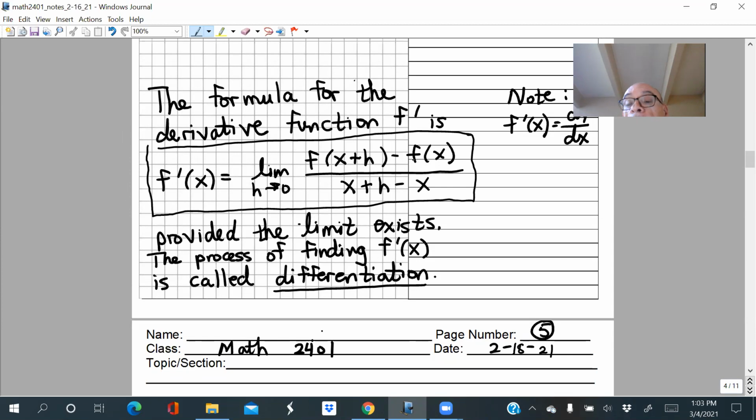So right now this process does take some work. We're going to have another goal of how we can simplify this process, so we can find these derivative functions quickly without going through this painful limit process. But that's the basic idea of how you find derivative functions: through this limit process.